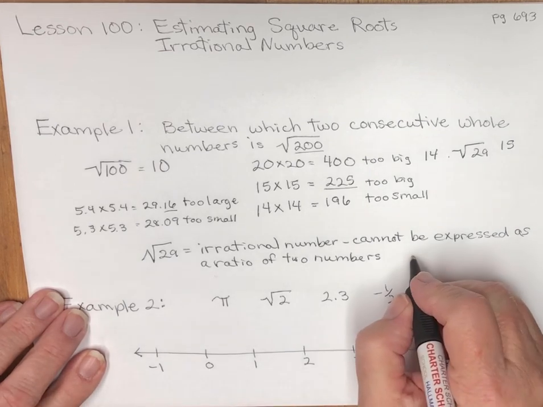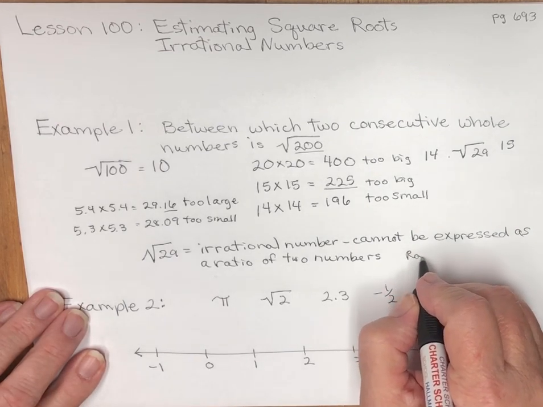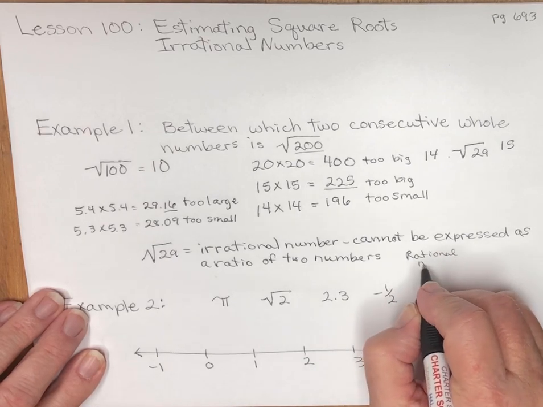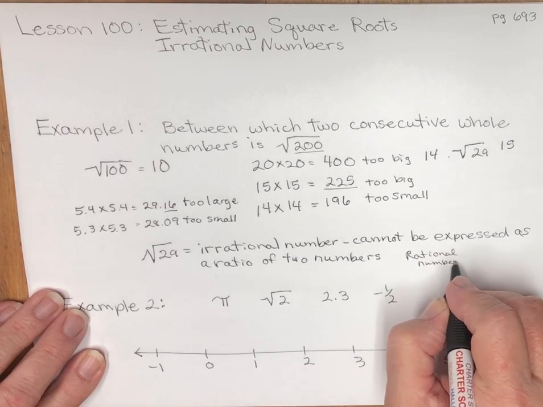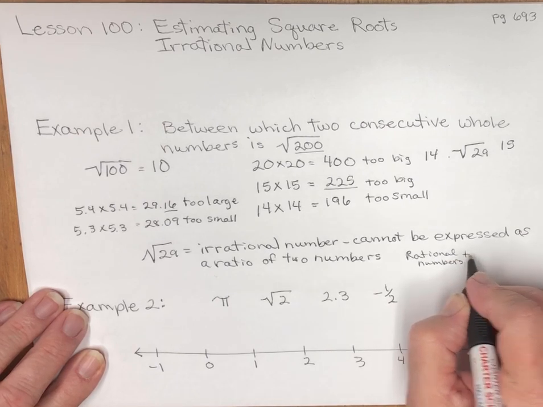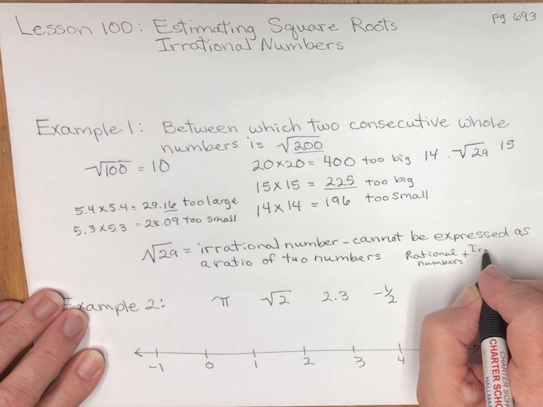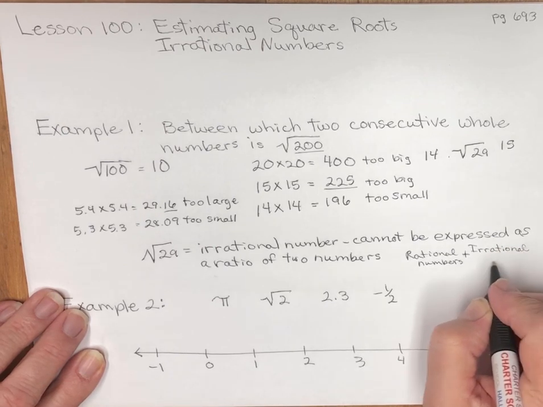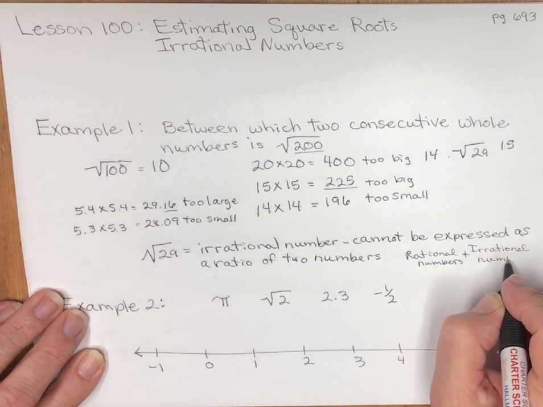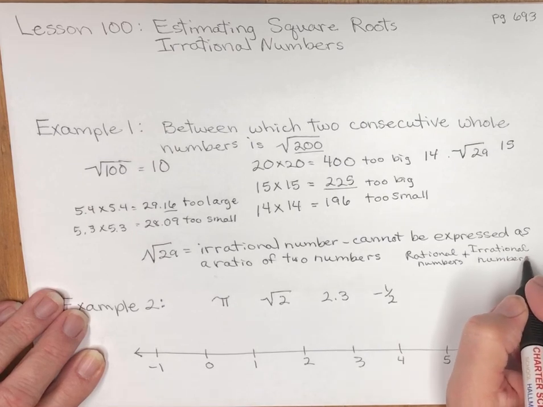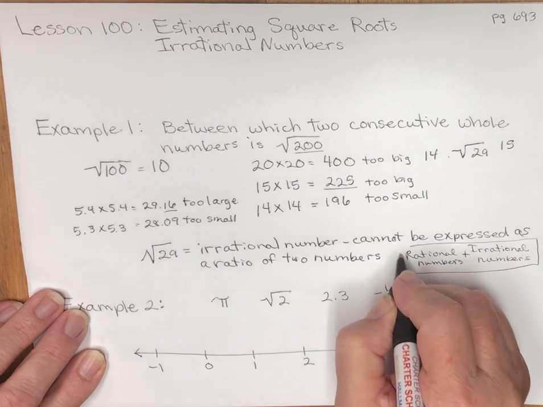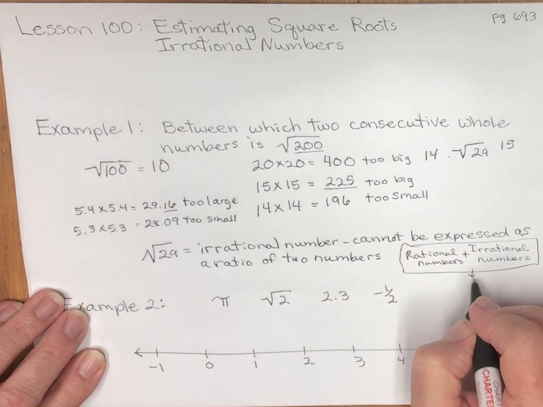So, rational numbers plus irrational numbers equal what we call the set of real numbers.